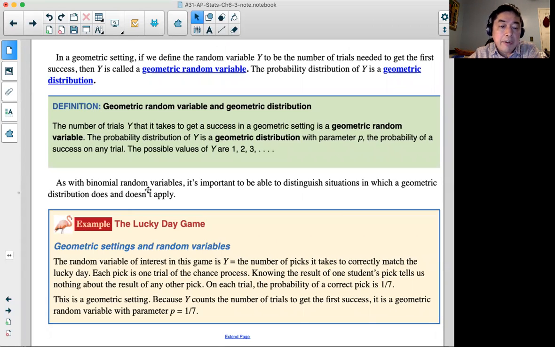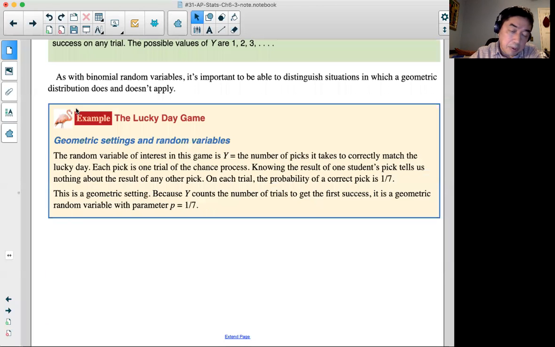As with binomial random variables, it is important to distinguish situations in which the geometric distribution does or does not apply. Okay, so that example we use, we talk about from this box.